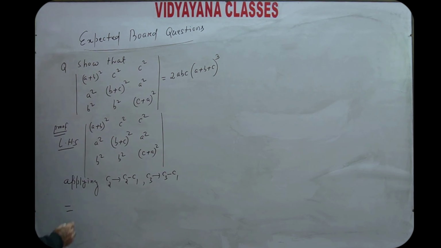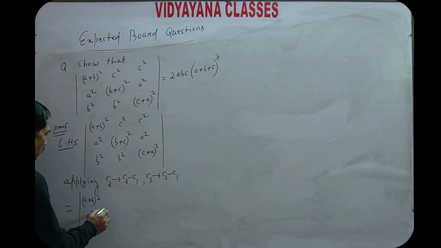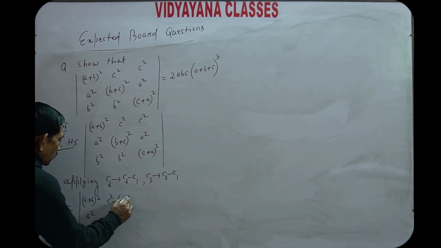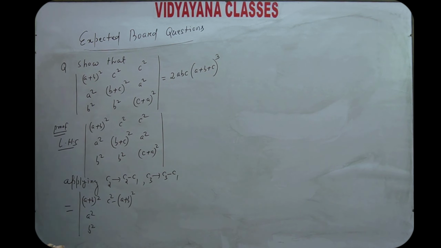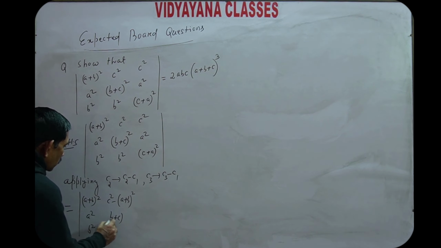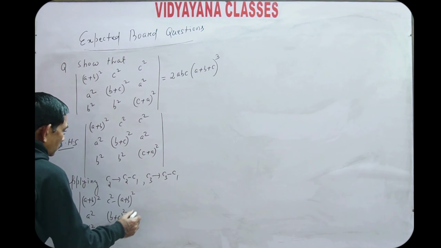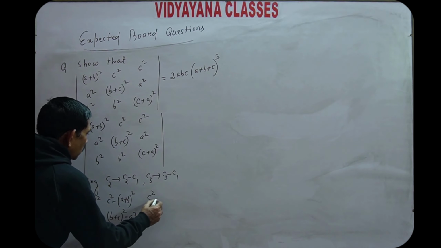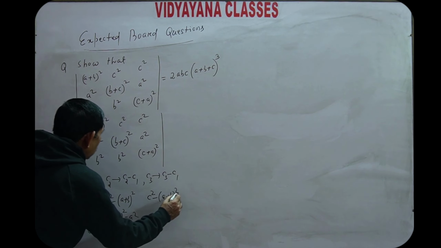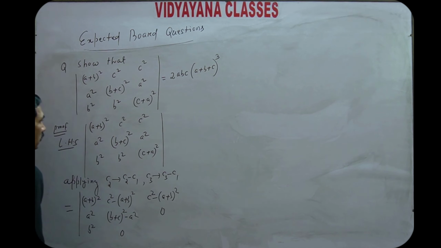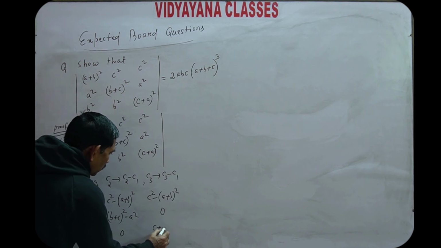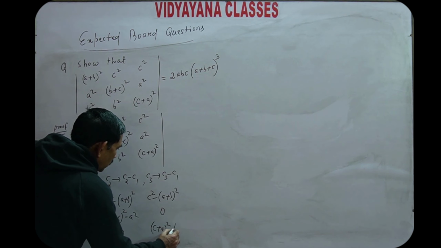The given determinant will be (A + B)², A² − (A + B)², B² − (A + B)², ... 0, C² − (A + B)² ... (B + C)² − A², 0, (C + A)² − B².